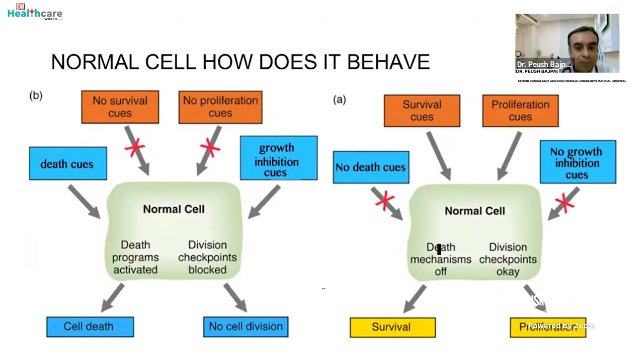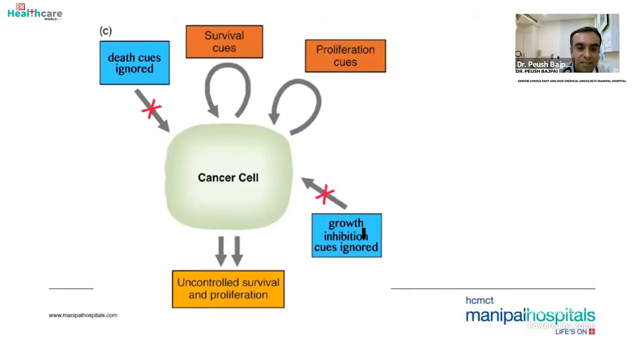Then there would be the survival cues as well as proliferation cues, on the basis of which the cell would survive or proliferate accordingly. But what happens in a cancer cell, as I told, is that these signals form a loop and keep on inciting the cell, which leads to uncontrolled survival and proliferation of this particular cell.